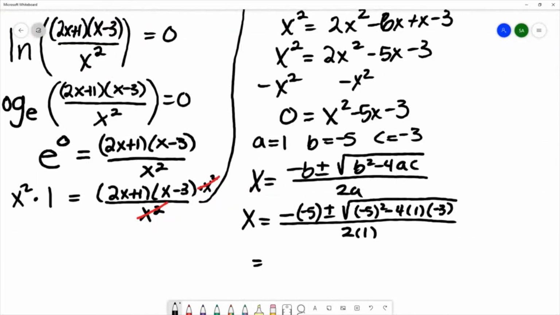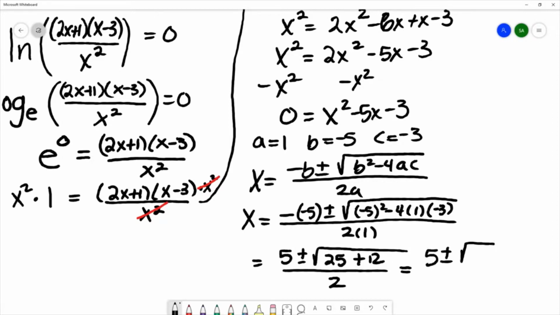We simplify. Negative negative 5 is positive 5. Negative 5 squared is 25. Negative 4 times 1 times negative 3 is a plus 12, over 2. It's 5 plus or minus the square root of 37 over 2.